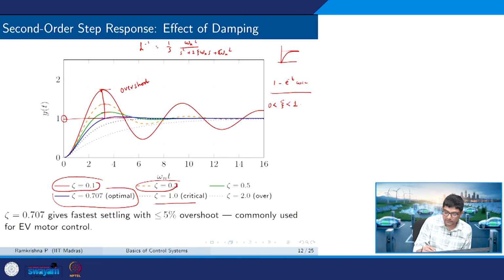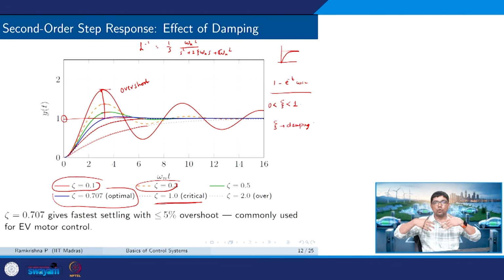Now if I look at zeta equal to 1, critical damping, it just starts from here, it just goes and settles down here. For larger zeta, its response is much slower. And zeta corresponds to my damping. It's kind of intuitive to see: the more the damping, the slower the response. So, if I want a faster response, I experience an overshoot.